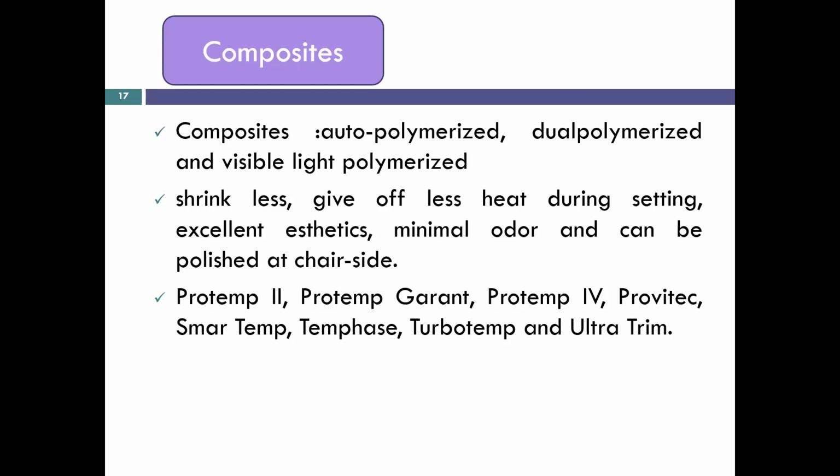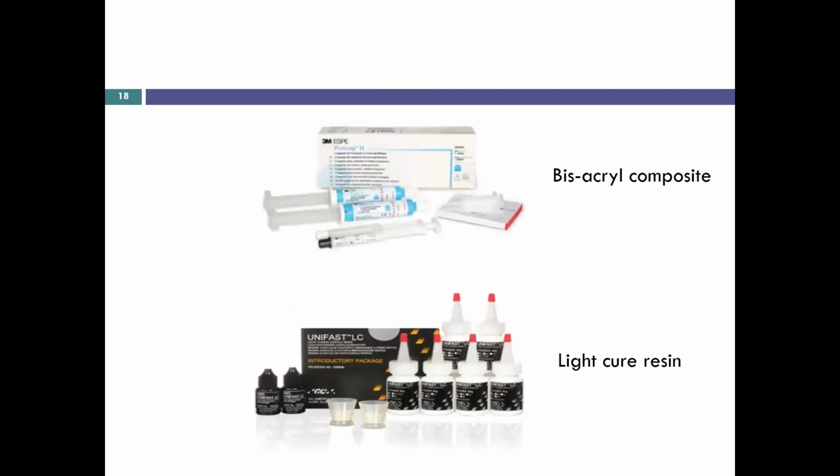So among all the materials, composites are one of the good materials which we can use. Now there are recent advancements in composites. They are Protemp 2, Protemp Garant, Protemp 4, Provitec, Smart Temp Face. There are basically many advantages in these materials which we will be reading in the next lecture.